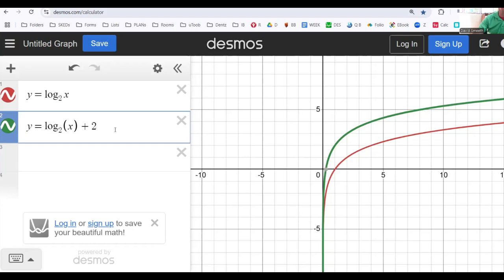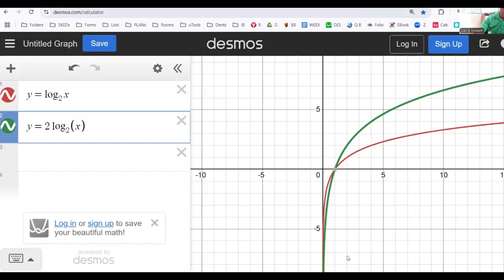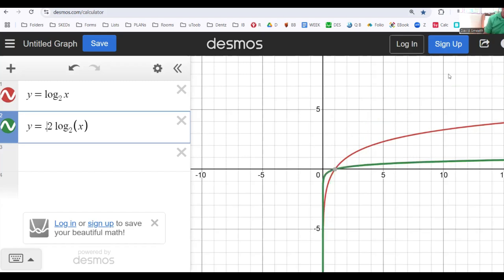Let's do one more transformation. What did we do? We added, subtracted. We also multiplied by a number out here. So I'm just going to add a 2 to that. We've steepened up the curve, increased the rate at which it's increasing. Now let's change that to 0.2.